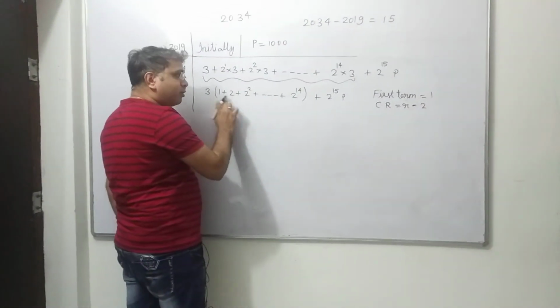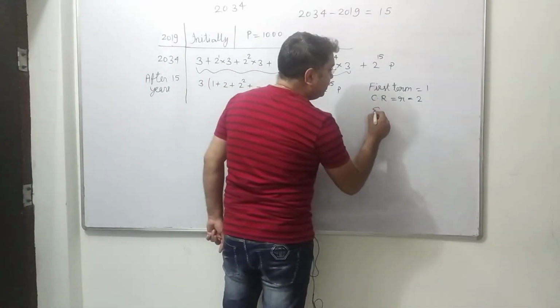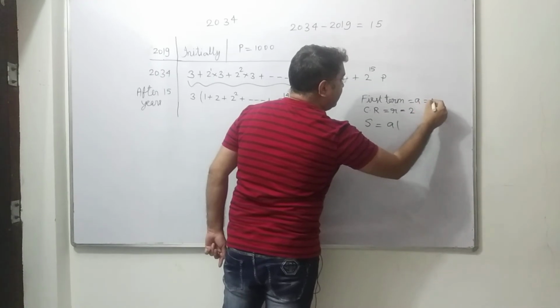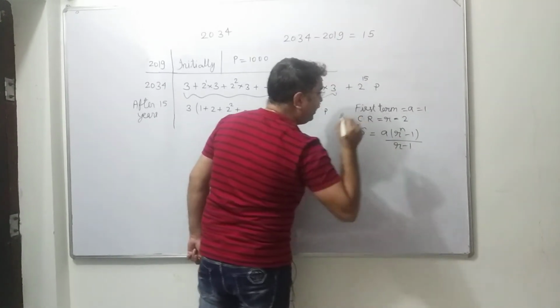So how to do the sum of the GP? We have the formula for the sum of a GP of n terms: A, where A is the first term, into R to the power n minus 1 upon R minus 1.